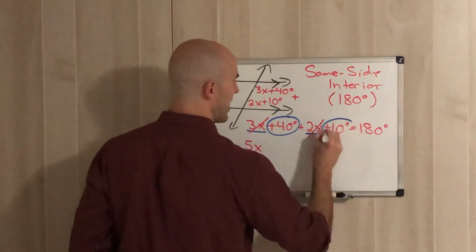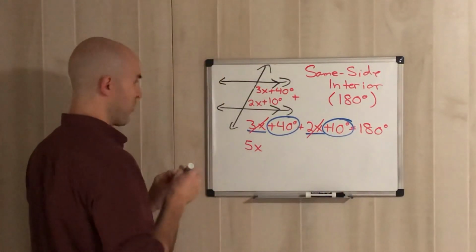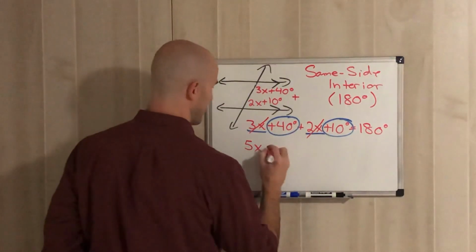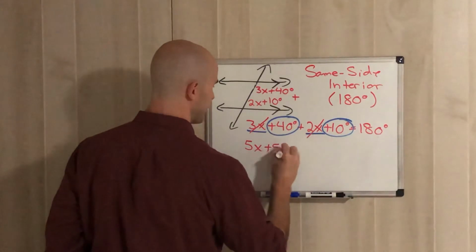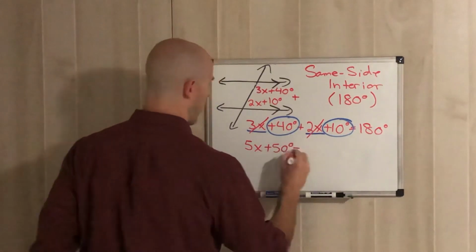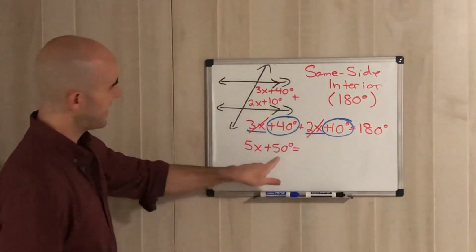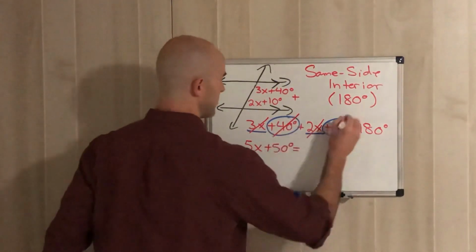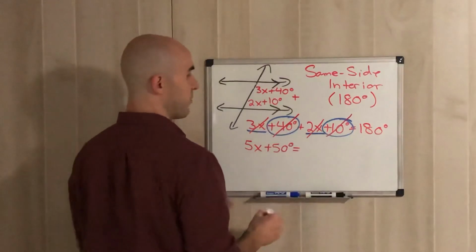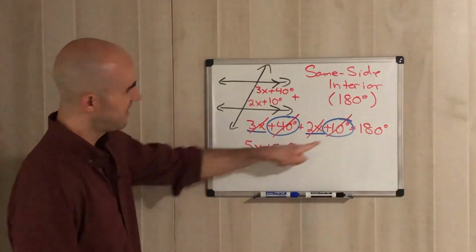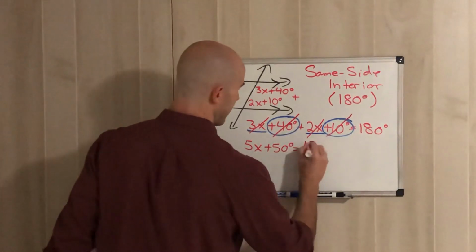We have a positive 10, right? So if we have 40 plus 10, it's going to give us a positive 50, right? So again, all I did was 3x plus 2x gave us 5x. 40 plus 10 gave us 50, right? That's done too. Everything here that we could have combined, we can combine already, and we can't combine those because that has an x and that doesn't, equals 180, right?